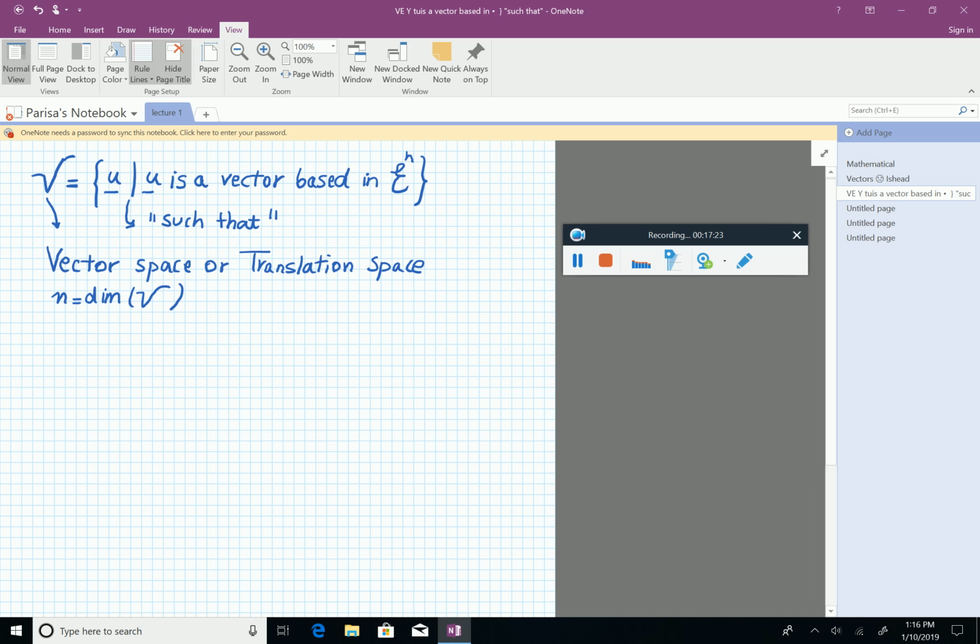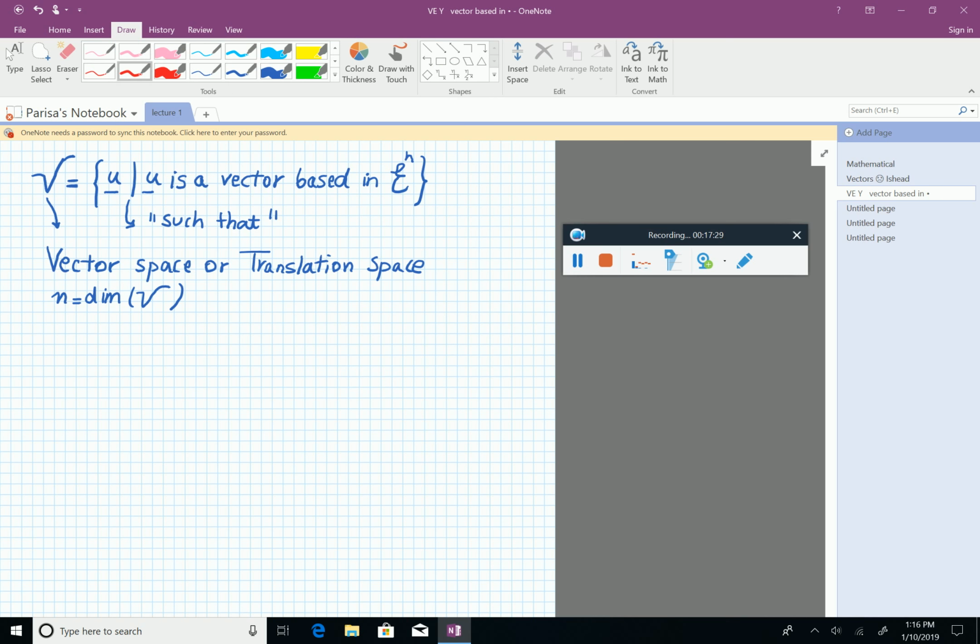Now, knowing that, we want to go forward and to define linear combinations of vectors.